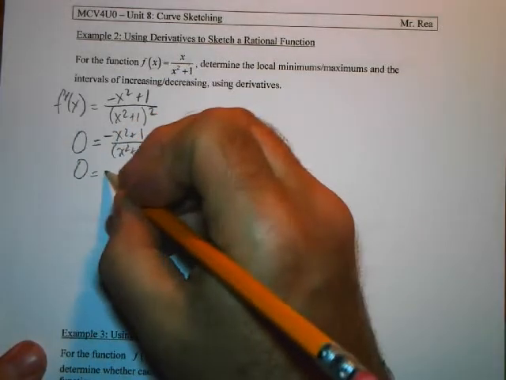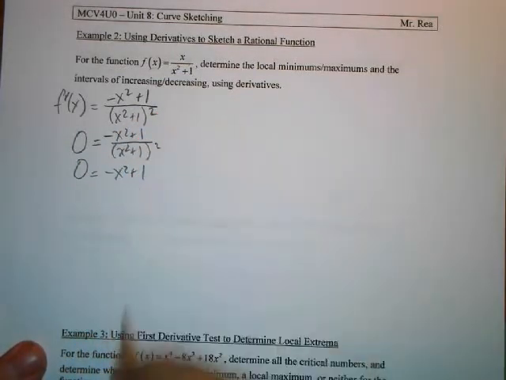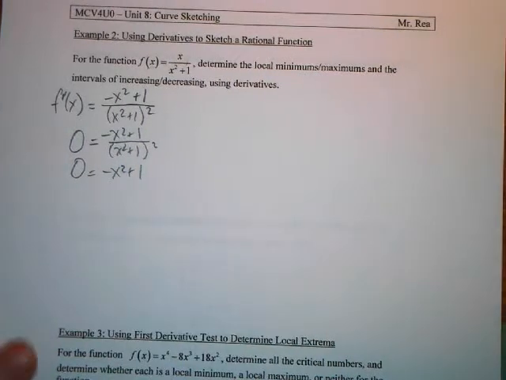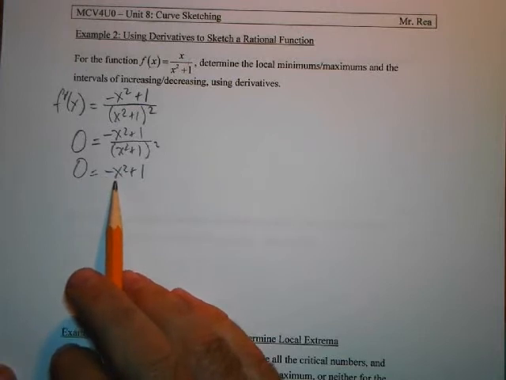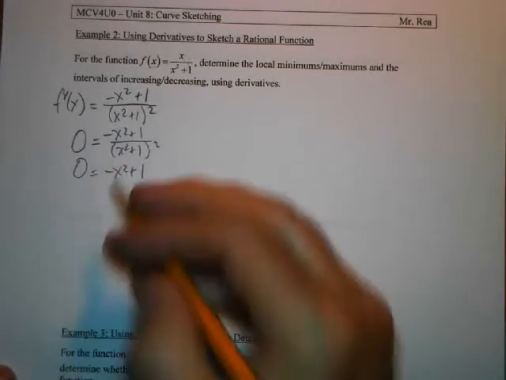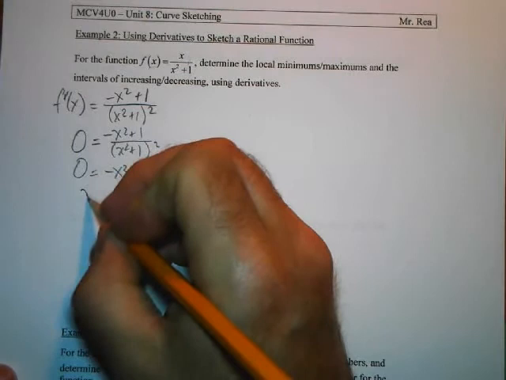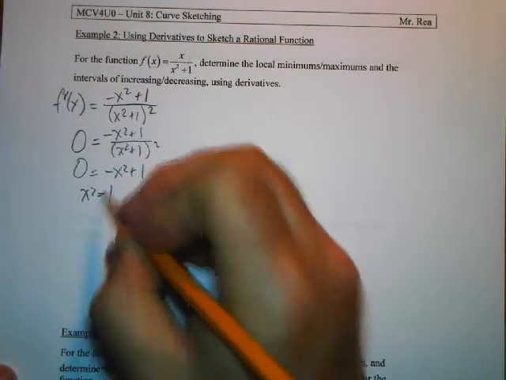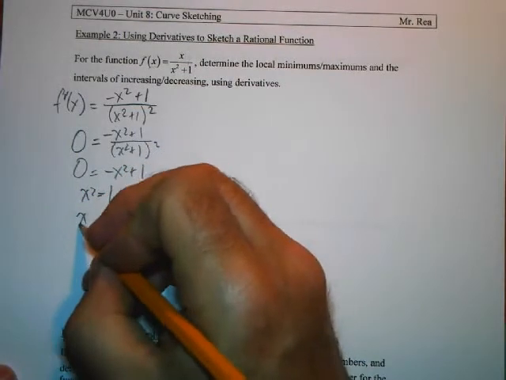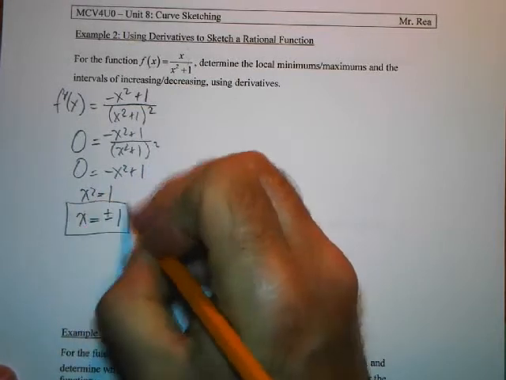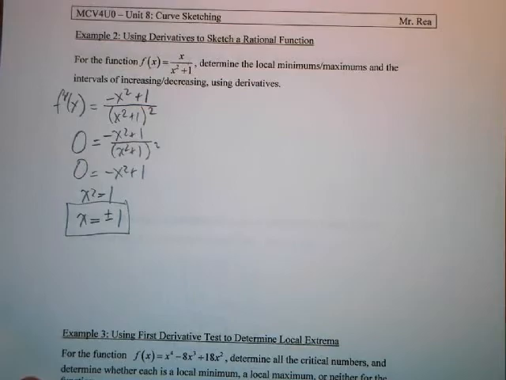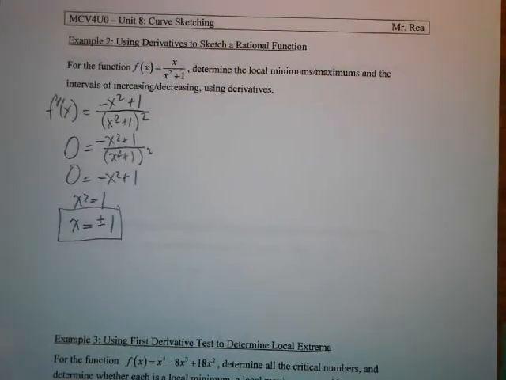I think it's a nicer way of looking at it, and you don't even have to bother with what's on the bottom. So in this case, 0 would be equal to -x squared plus 1. If we add x squared to both sides, we get x squared equals 1, which means x could be plus or minus 1. So I have two critical points, x equals +1 and x equals -1.